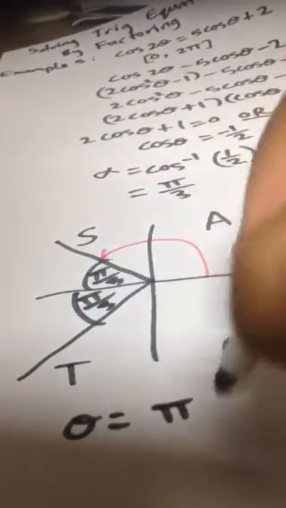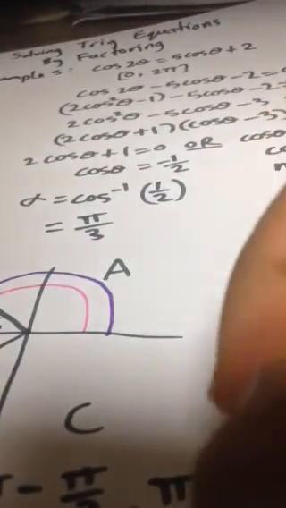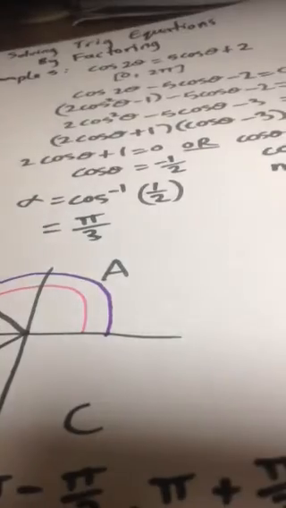So θ is π minus π on 3 in the second quadrant, and in the third quadrant we're going to pick up this angle. I will highlight it all the way around there. So that's a full semicircle plus π on 3. So that's π plus π on 3, which is 4π on 3.